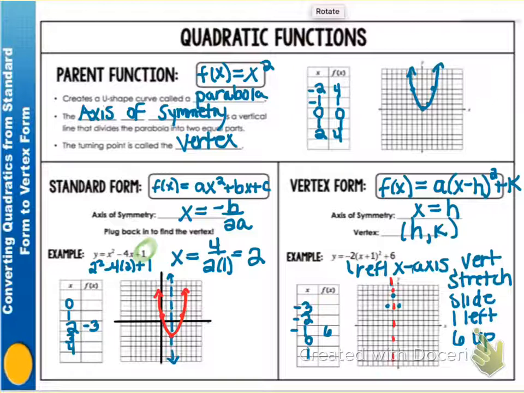So if I went 2 to the right, I'd have to go down 8 instead. So that would be 1, 2, 3, 4, 5, 6, 7, 8. And then its image on the other side would be right here. Okay, or you could just simply plug those coordinates into the function, and there's our graph.